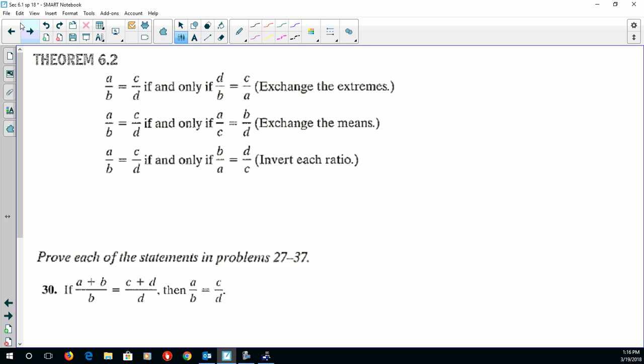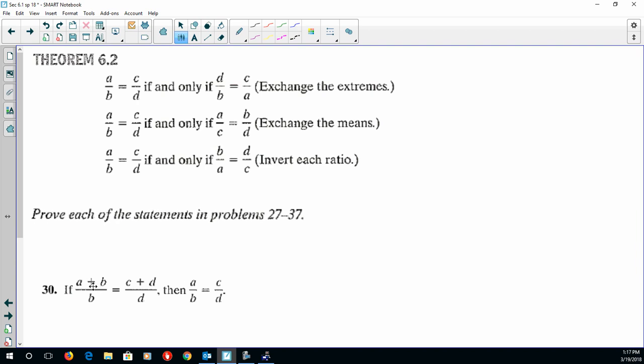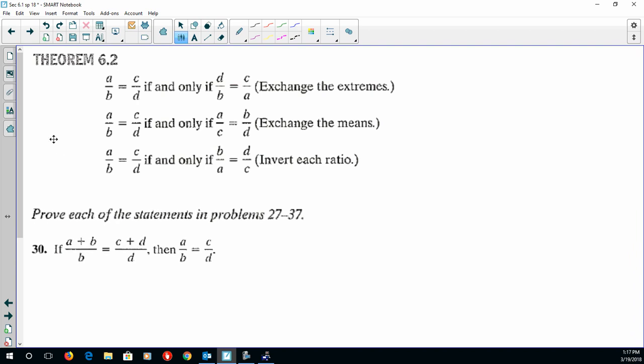What I'd like to do is actually prove another form of this proportion here. By the way, I don't think these are things that really need to be memorized. If you've got a proportion and you need to rearrange it, all you're doing is multiplying the top and the bottom by something, or multiplying through by something.